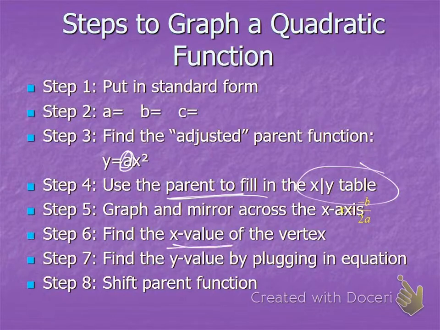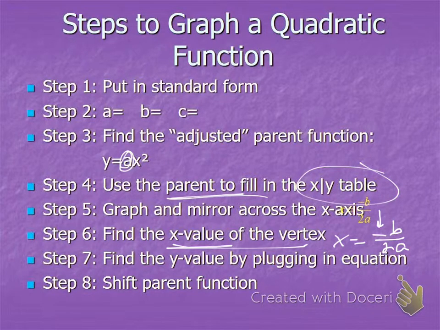Then we got to find the x value of the vertex, and this kind of got messed up. We need to pull this down. The x value of the vertex comes from this equation right here, which is opposite b over 2a, which is part of the quadratic formula. So that's how we're going to find the x-coordinate for that vertex. A lot of reasons why that's the case, but we won't worry about that right now.